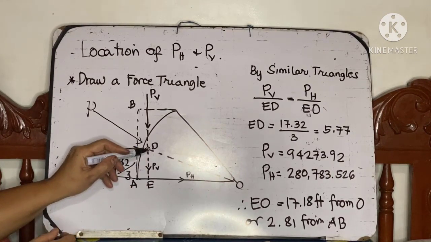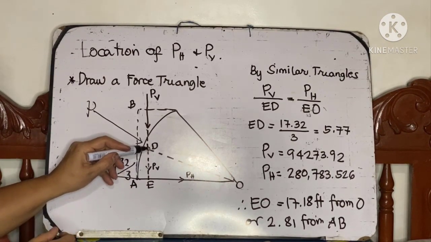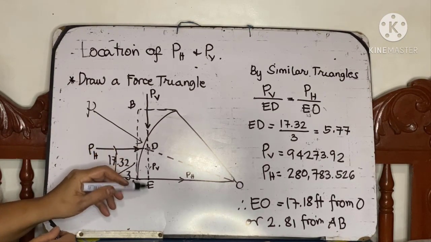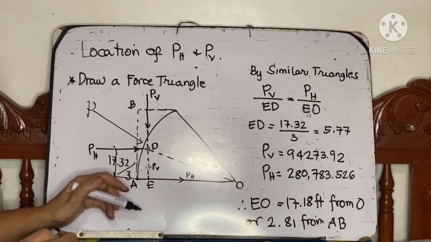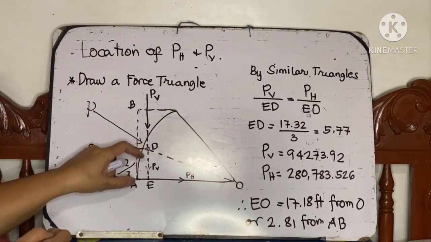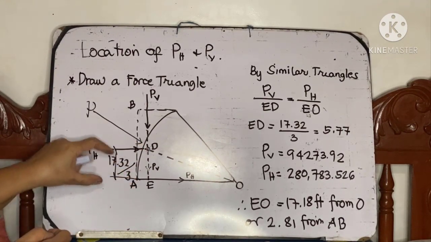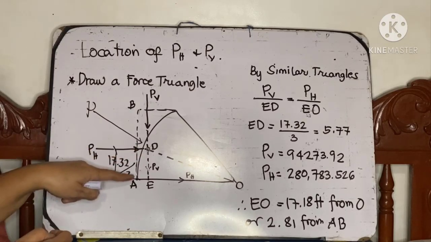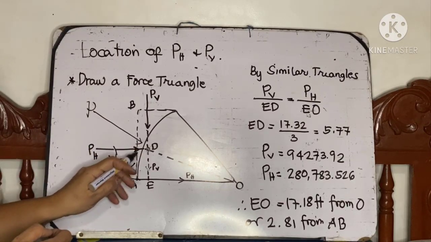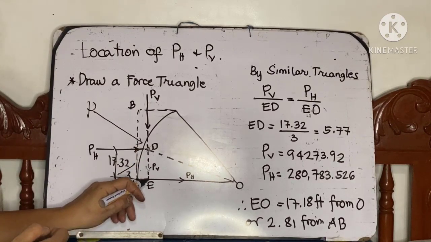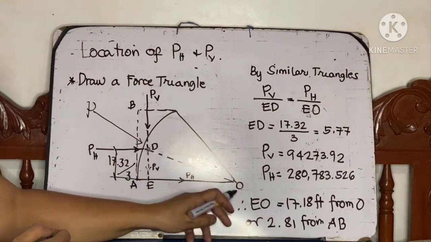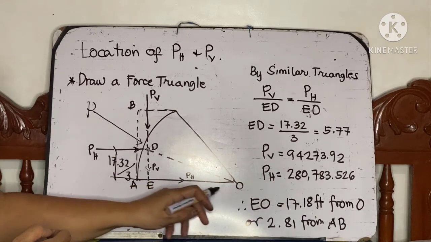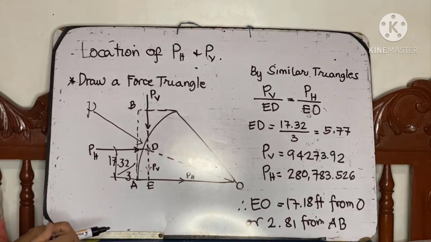This triangle, itong vertical na ito represents PV, yung horizontal na yan represents pH, at yan naman ngayon yung mula dun sa A, gaano kataas yung point of action ng pH, 17.32. Ito naman ngayon, itong point E na to, nagre-represent kung saan from point O. This is the other side of the triangle.